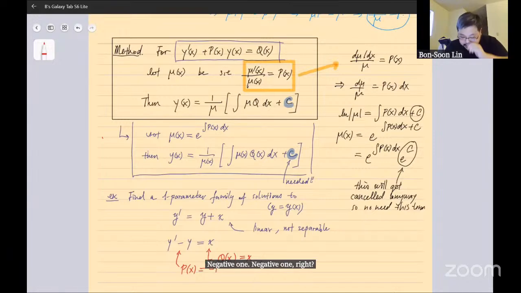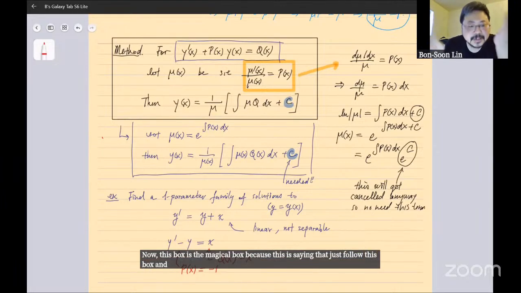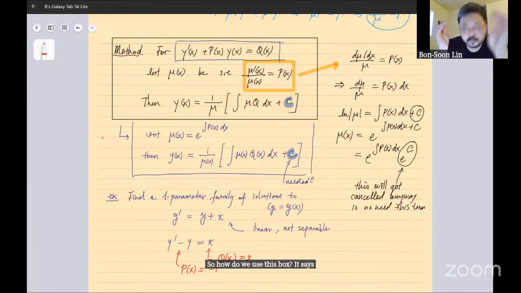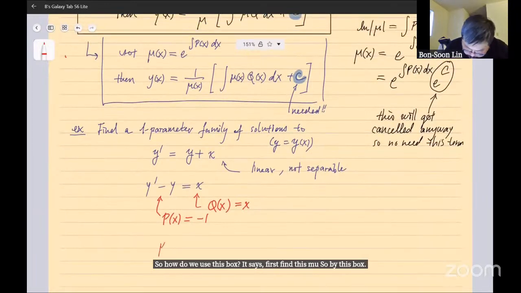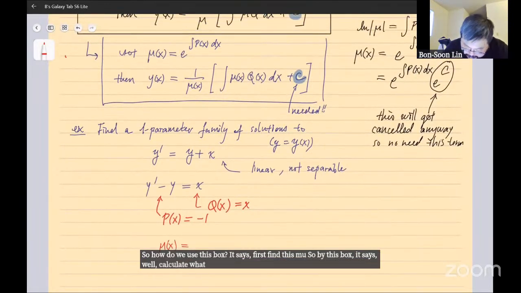Now, this box is the magical box because it says that if you just follow this box, pop, the answer comes out. So how do we use this box? It says first find this mu. Calculate mu of x, which is e to the integral of p of x dx.